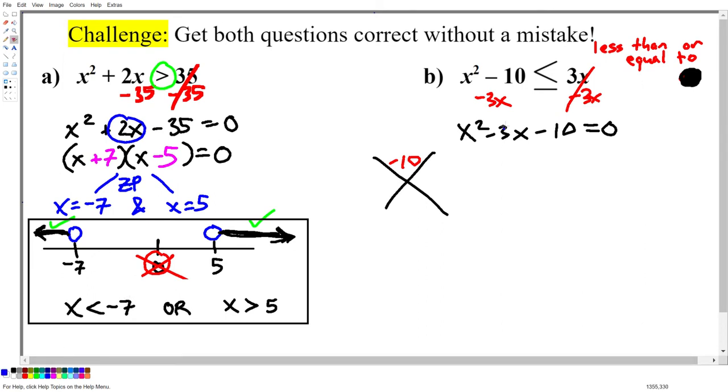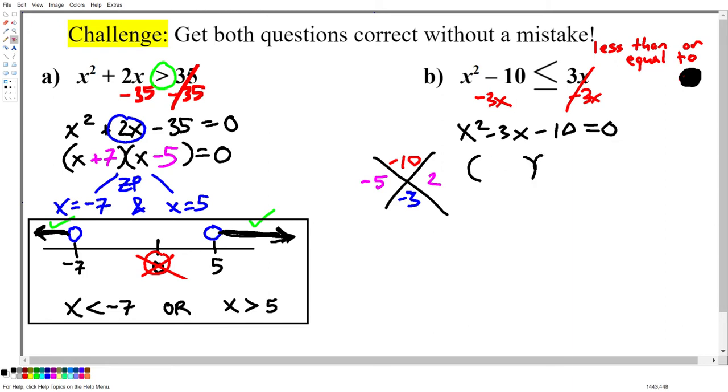You recognize that 10 is 5 times 2. And what would make that add up to -3? It would be -5 and +2.